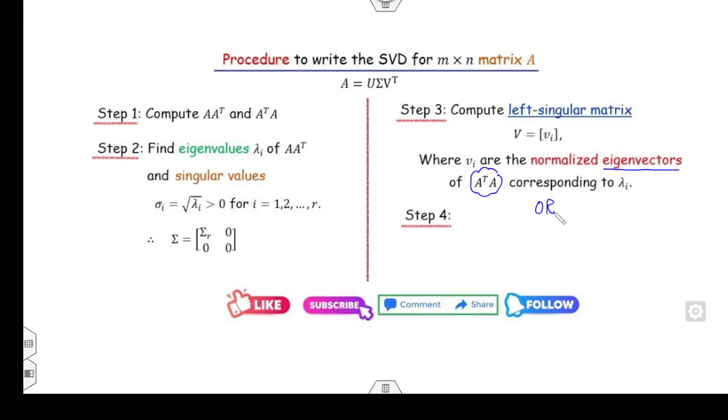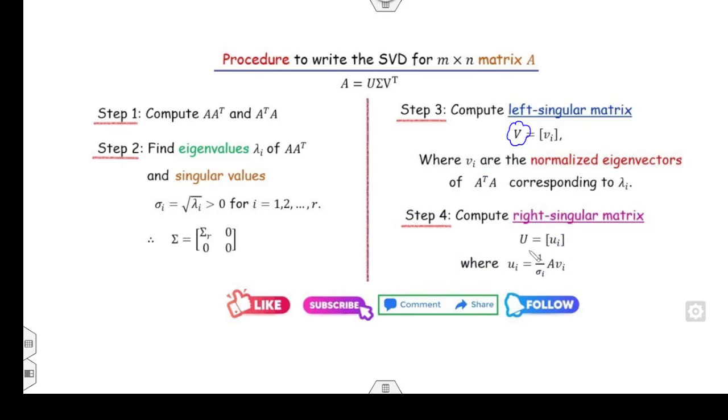Or in step number 3 you can first find U instead of V, where the u i are the eigenvectors of A into A transpose. Choice is on your side. And step number 4 is, if you calculate V first, then you can find the value of U directly by using 1 over sigma i, A into v i.